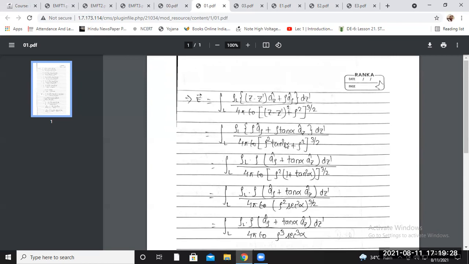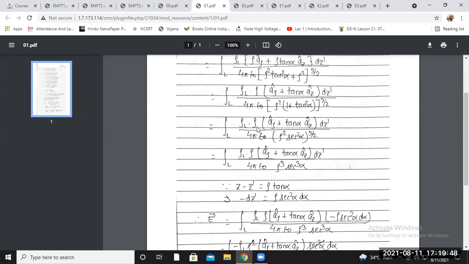That means rho square tan square alpha plus rho square will be there. Take out rho square as common in this denominator part, it will become 1 plus tan square alpha. In the upper part, when you take out the rho value from the bracket, you will get arrow cap plus tan alpha az cap.